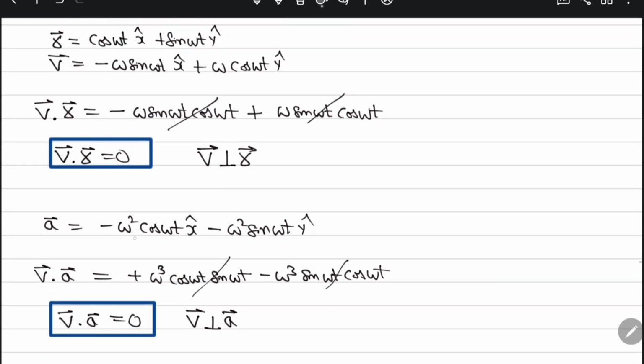Acceleration, so what I get is minus omega square cos omega t x cap minus omega square sine omega t y cap.